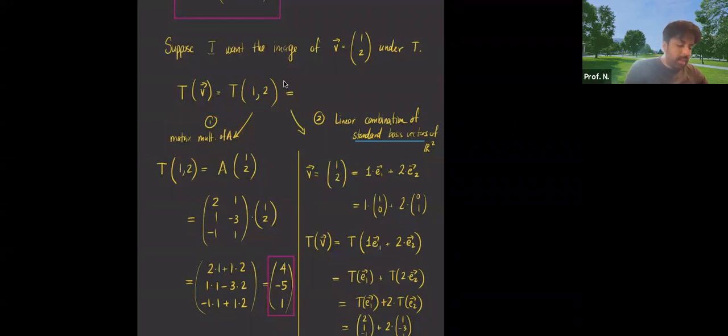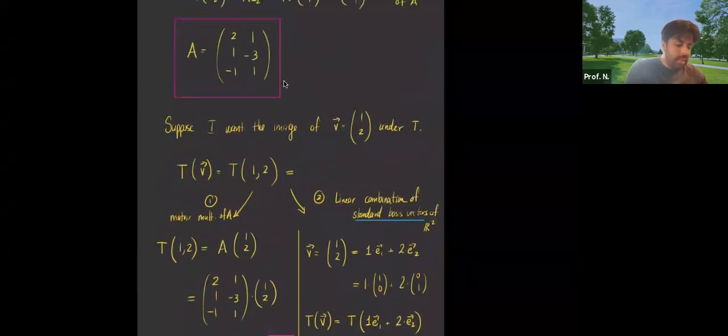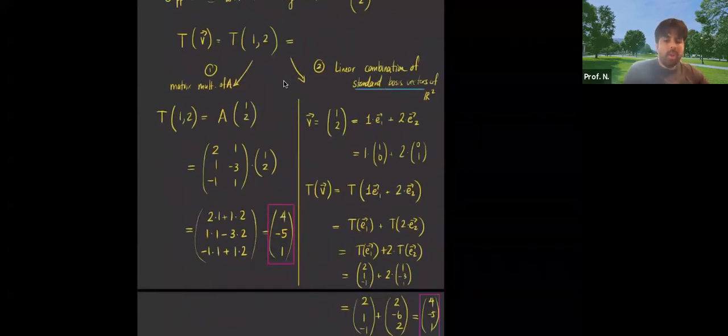Another way to view it is as a linear combination of the standard basis vectors of R2. As you can tell, I don't even need to know the matrix A to figure this out. All this is based upon is understanding the image of E1 and E2 under the transformation.